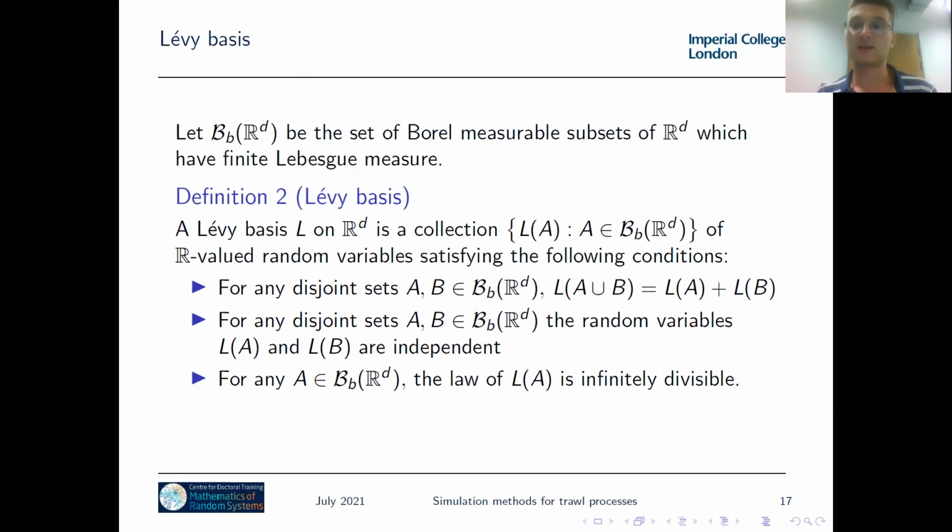Independent scatteredness, in the sense that for any disjoint sets A and B, the random variables L(A) and L(B) are independent. And finally, the law of L(A) is infinitely divisible. The first two conditions already hint at the fact that L can be thought of as a generalization of white noise processes to processes which don't necessarily have a Gaussian marginal.